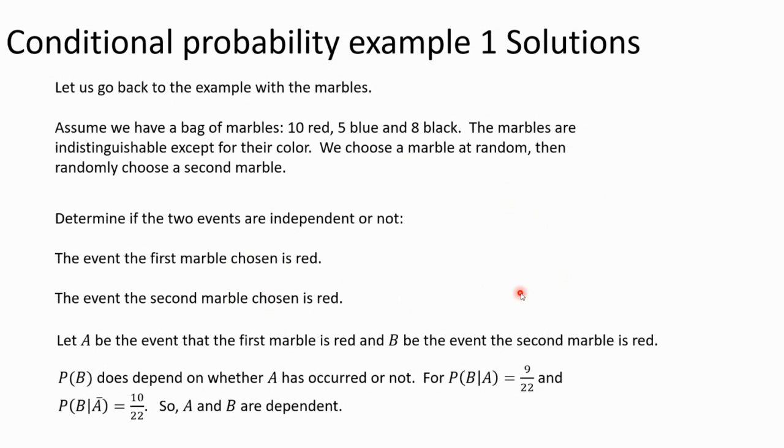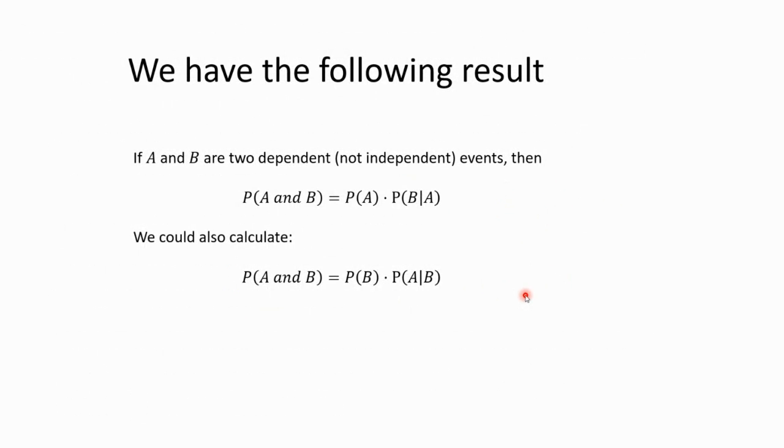Remember, we also talked about the probability of events A and B occurring. In other words, we wanted to find the probability of 2 events occurring. Well, if they're independent, it's actually easy. You just multiply their probabilities. If they're dependent, though, then you have to use conditional probability.